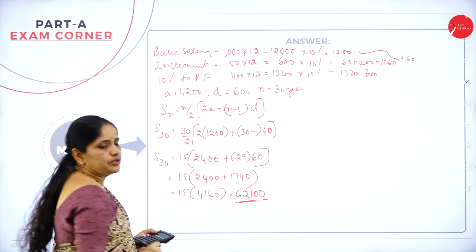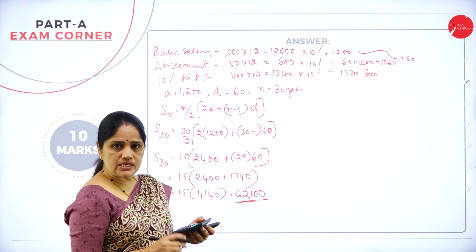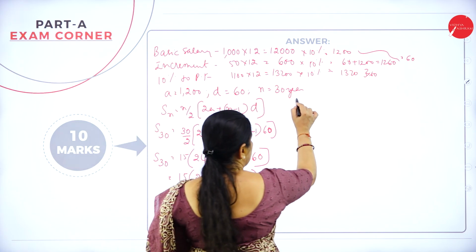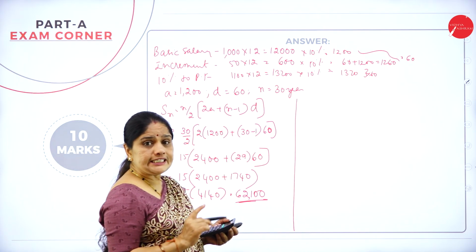So the total contribution to the PF is 62,100. Now they have asked us what is his contribution in the 30th year.